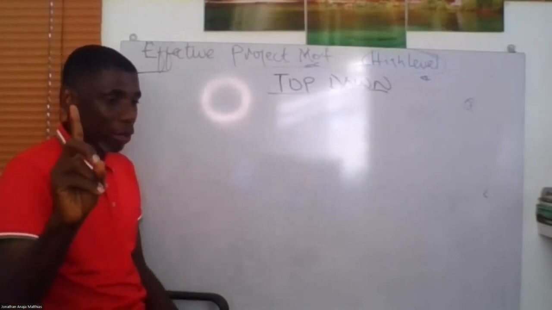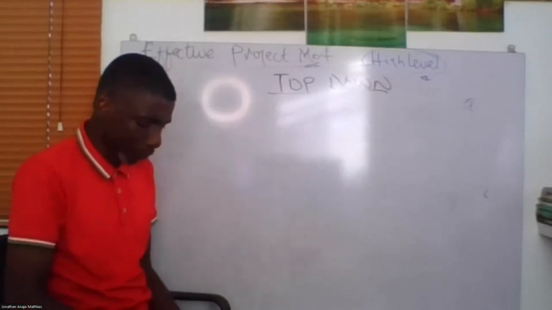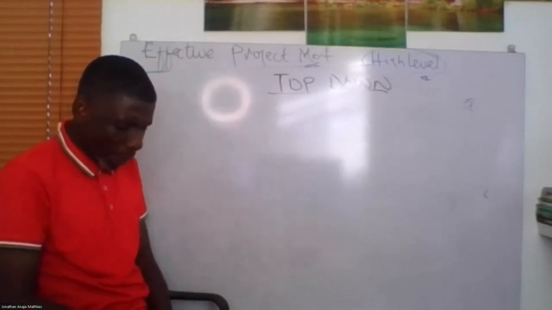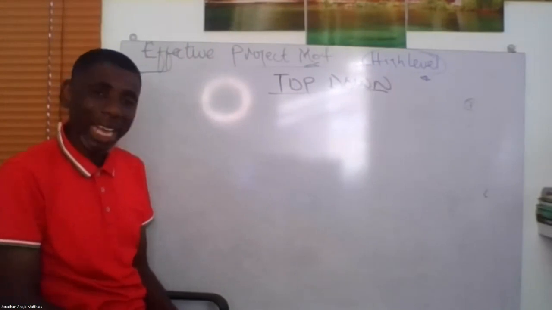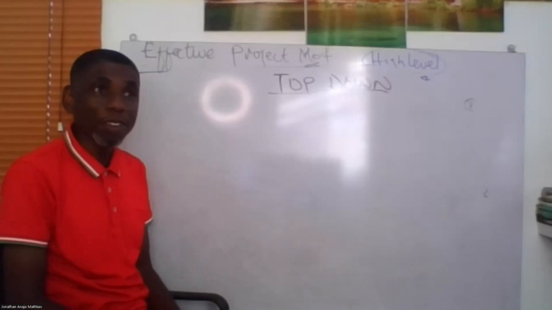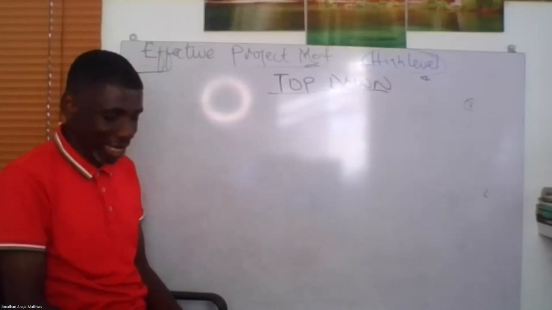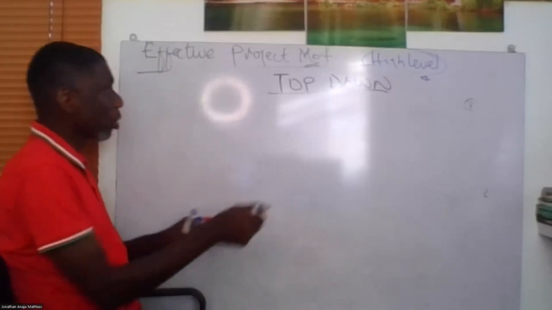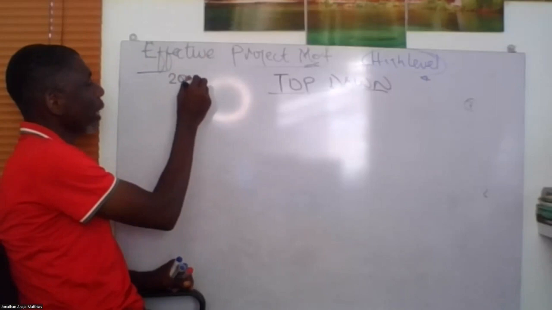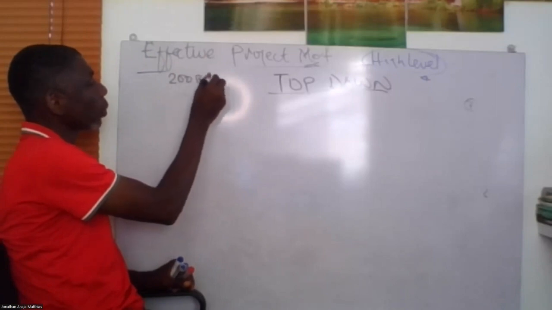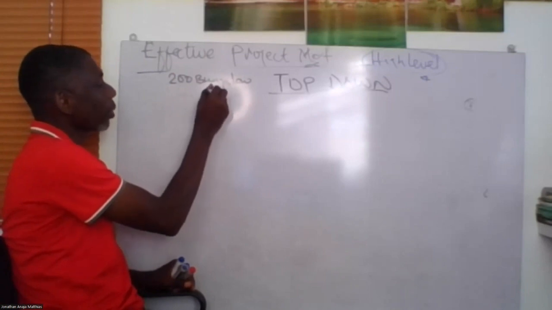Now, let me just go this way, and I will explain top-down. Let's assume I meet a client and he says, I want to do an estate and I want 50 units in the estate. And maybe I just recently did 200 bungalows for 1 billion.